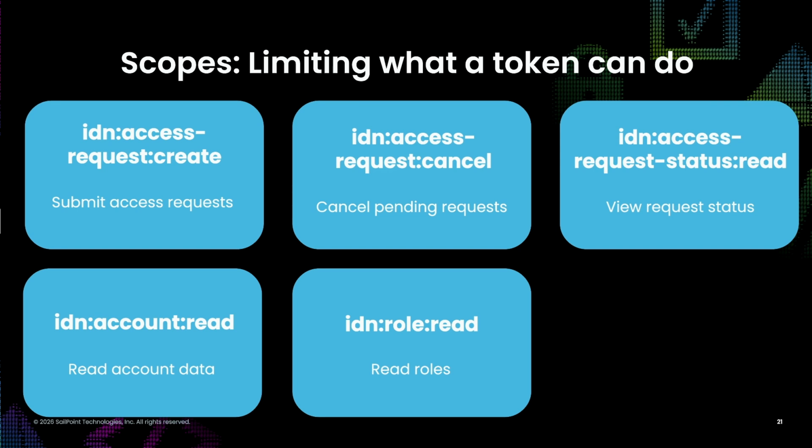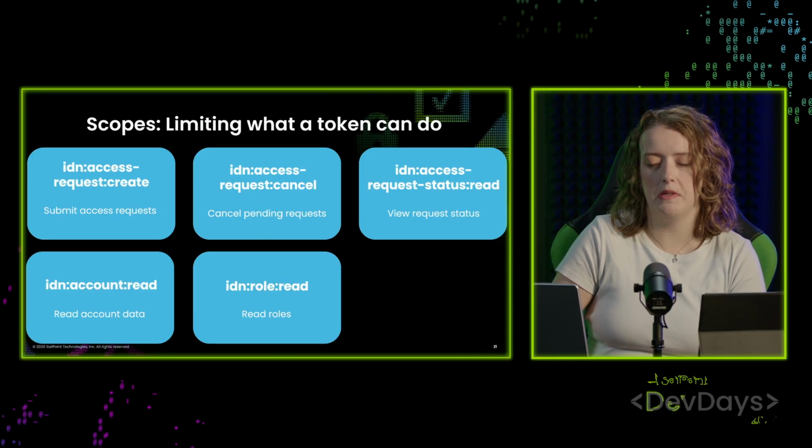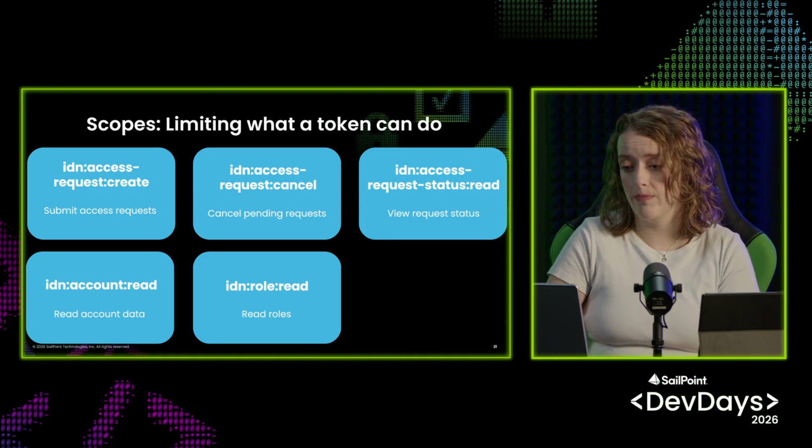Those need their own scopes. And this is so granular because this is the principle of least privilege in action. You give the token only the permissions it actually needs for a specific job. And when you're building your integration, the first question you should ask is, what does this integration actually need? And only add the scopes that it needs to do.